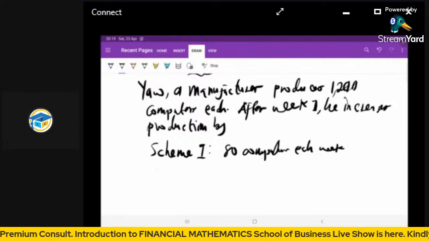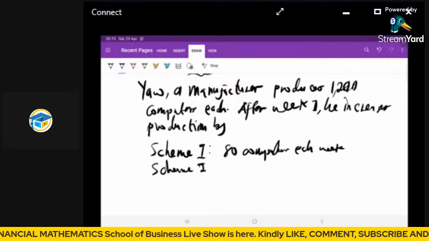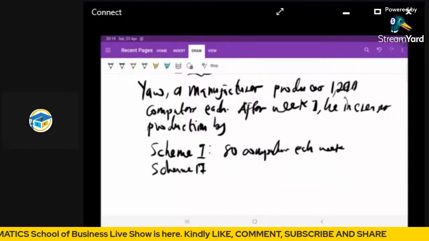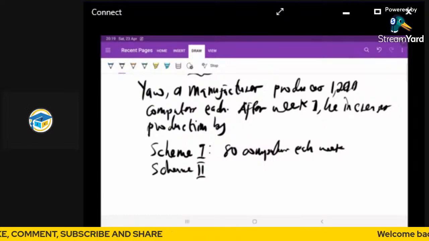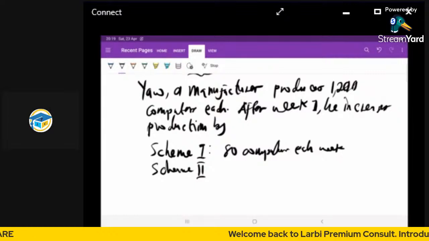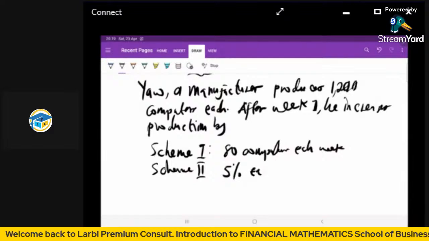And then that of scheme two: 5% each week. So here they can give you an actual quantity, or they can give you a percentage.